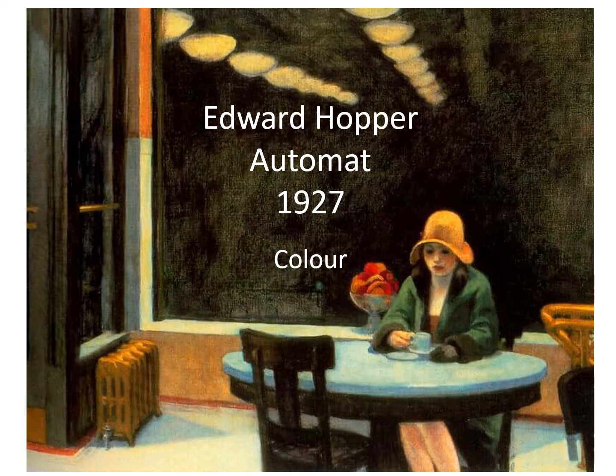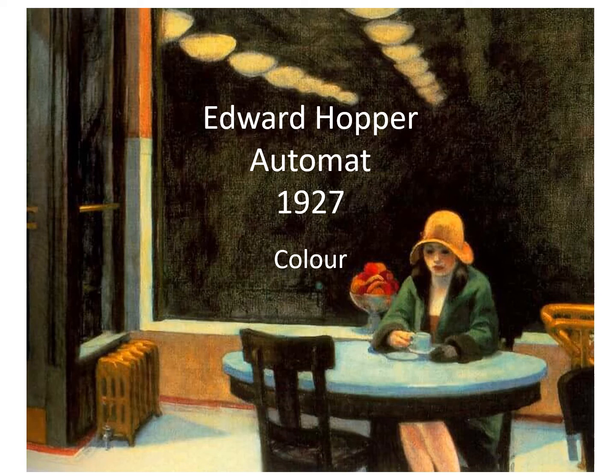Remember, the automat is a cafe that doesn't have any people working in it. It's just vending machines, and it was the idea of a modern thing in the city, but Hopper obviously saw the possibility of melancholy loneliness in there. But like I say, the life that's represented in the painting is the colourful part with that colour contrast in the middle.